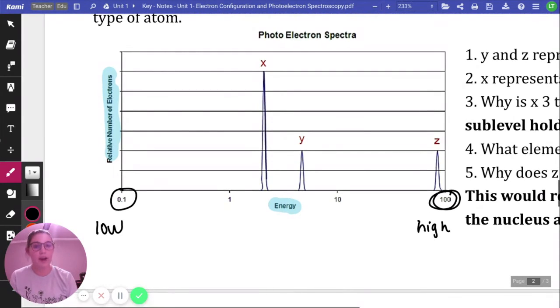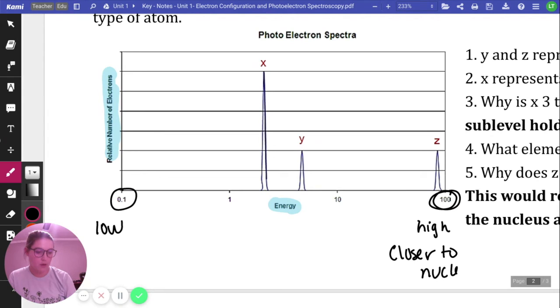Here, the higher energy electrons are closer to the nucleus, whereas lower energy electrons aren't held as tightly, so these are further from the nucleus.